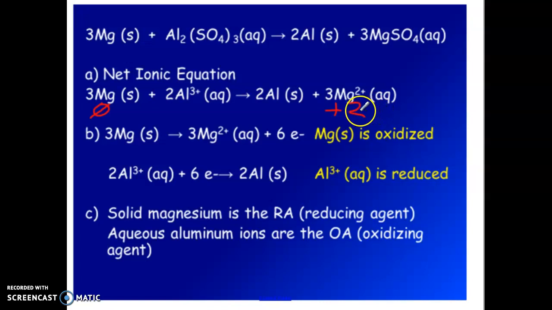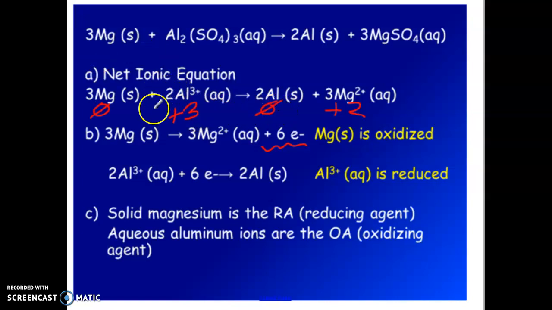Now remember, the total number of electrons is what has to get written in your half reaction. So for each magnesium losing 2, there are 3 of them in your balanced equation. So in total, there should be 6 electrons on the product side. Aluminum is going from +3 to 0, so it's gaining 3 electrons, which is reduction.